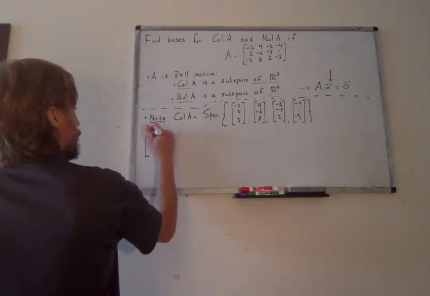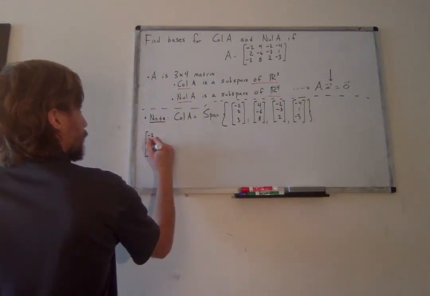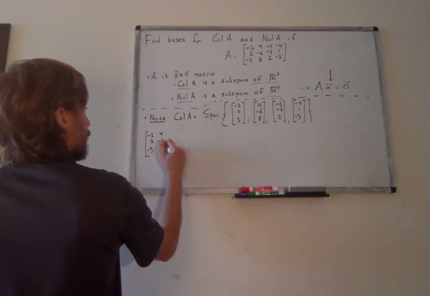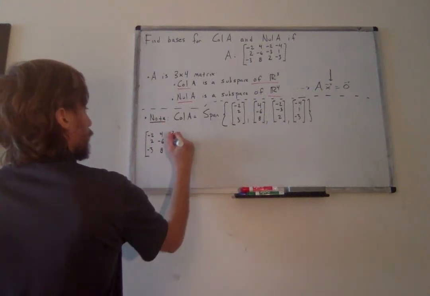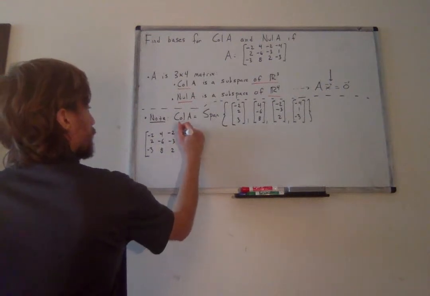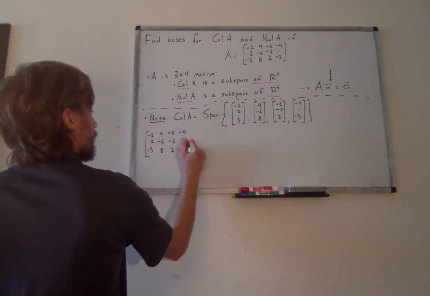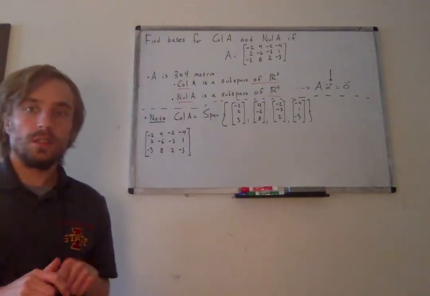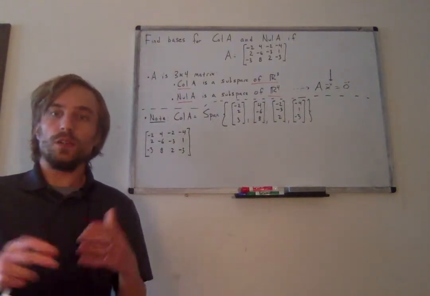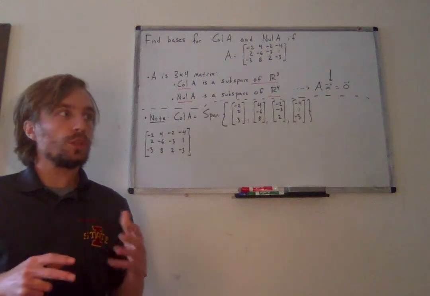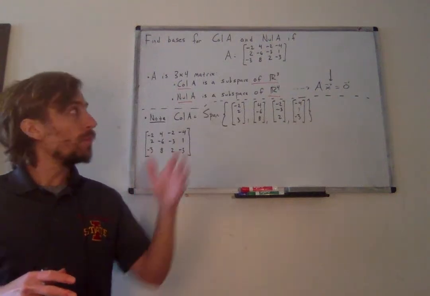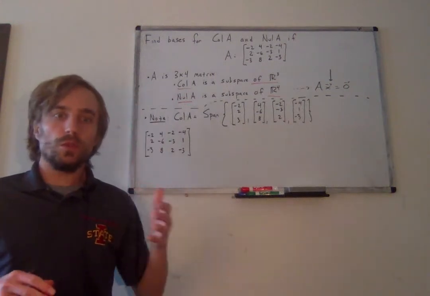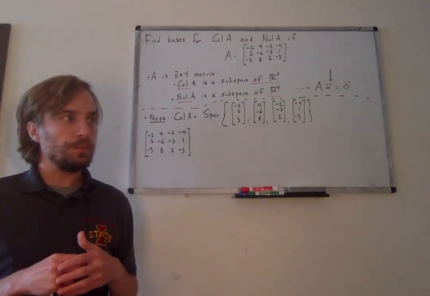So what we do is, of course, we now go back to the matrix A. And if you remember, the way we were able to find this basis is by recognizing that if I row reduce this matrix, each column in the row reduced matrix corresponds to one vector.